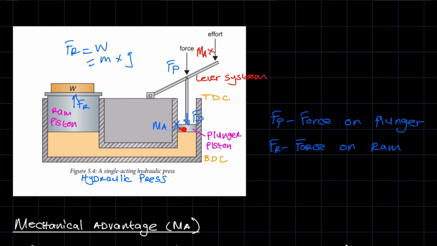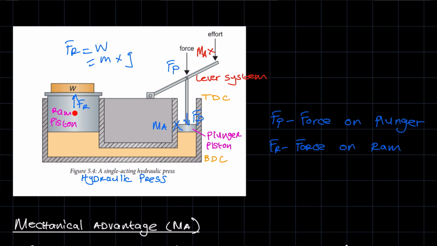So this here is the plunger piston. It's called the plunger piston because it plunges on this side of the hydraulic press. So it gives a pumping action, hence it being called the plunger.